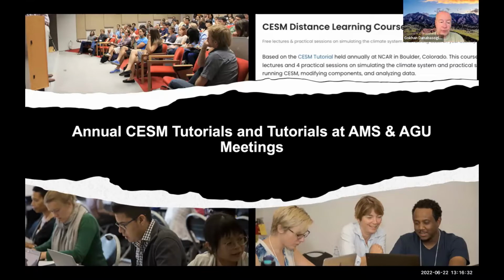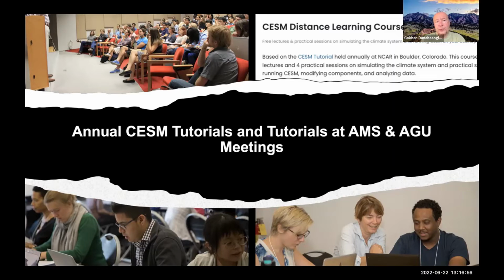In addition to those tutorials, we have started arranging half-day to one-day tutorials at AMS or AGU meetings. And these have been very popular as well. These don't necessarily involve hands-on components. They mostly involve lectures and how to set up or change the scripts.